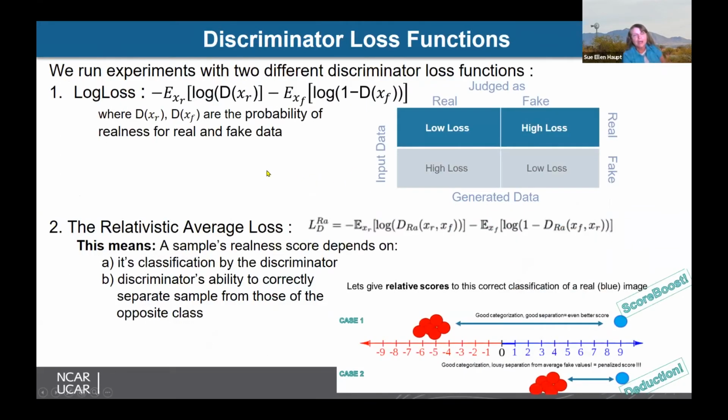Okay, now, as with any type of machine learning method, it's very important in posing the right cost function. Here we have discriminator loss functions and generator loss functions.